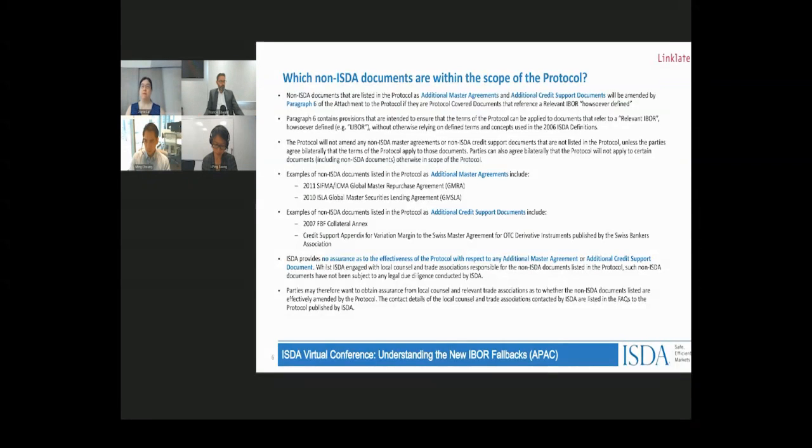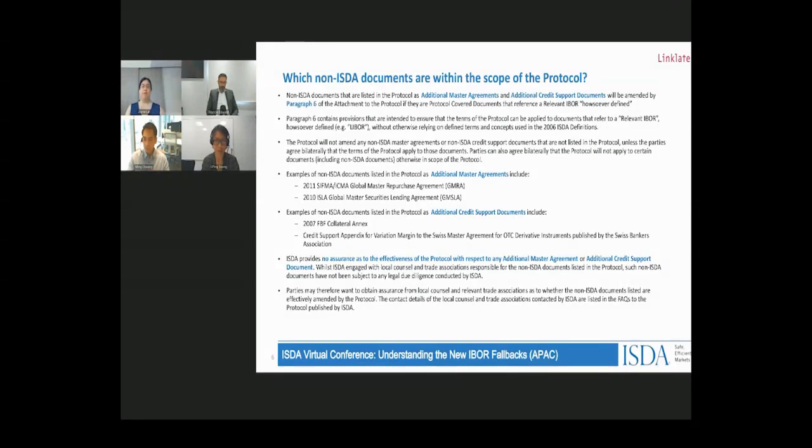Now, they're very helpful to a lot of us in the financial markets in that as many OTC derivatives we may have, IRS trades, FX trades, a lot of us would have, as our institutions trade, repos and stock lending agreements as well. So knowing that these global agreements and some of the local jurisdictional versions are within scope, I think it's a very good thing for all of us.